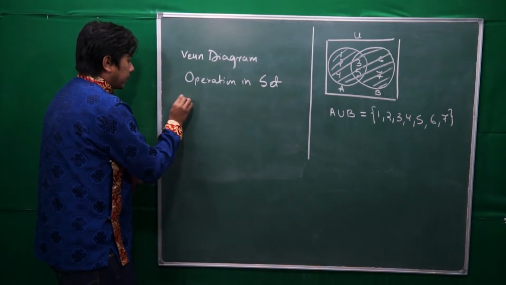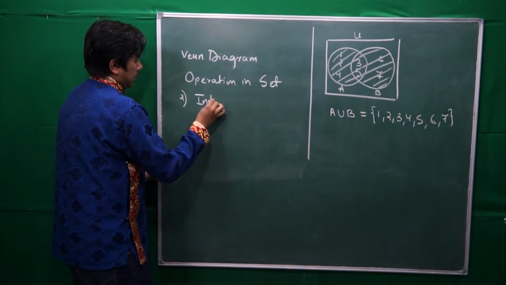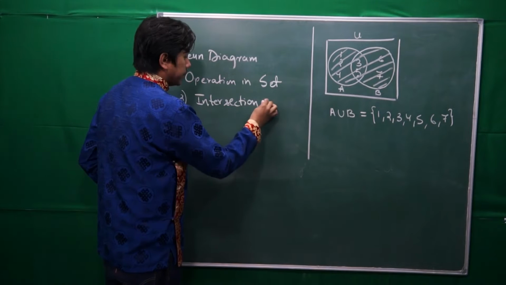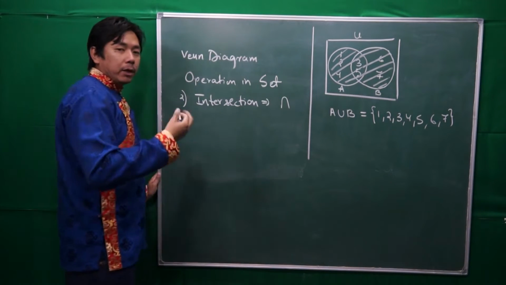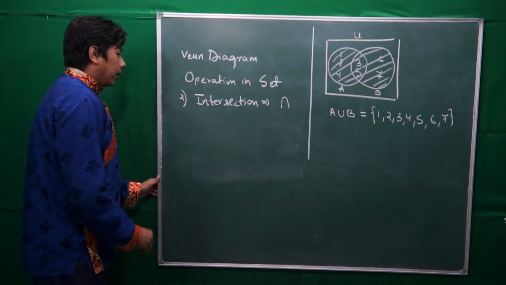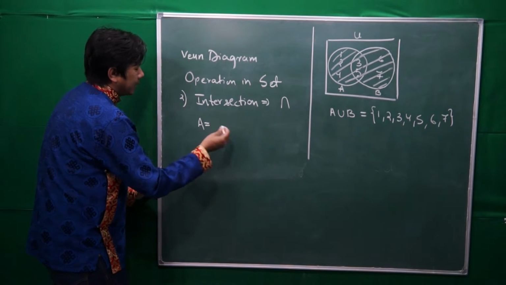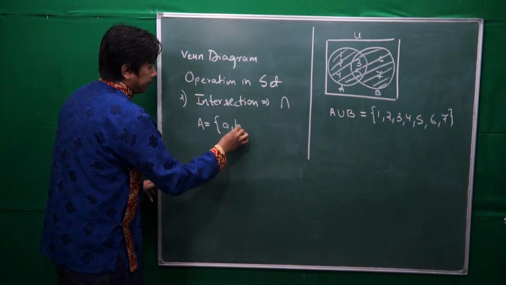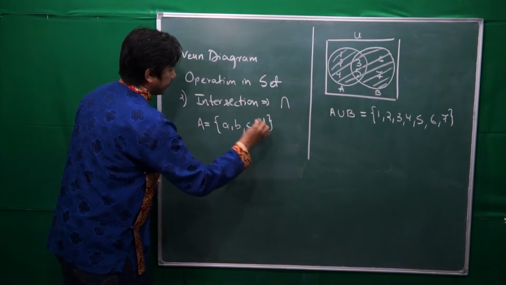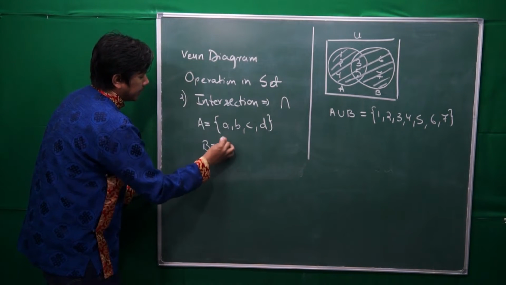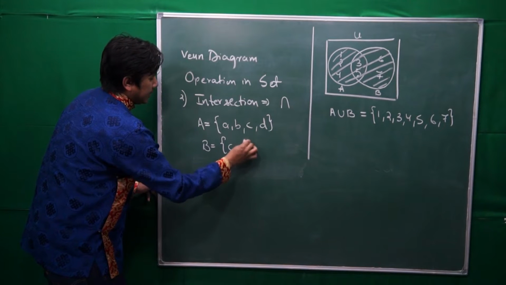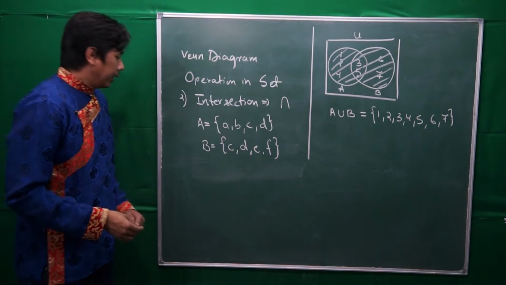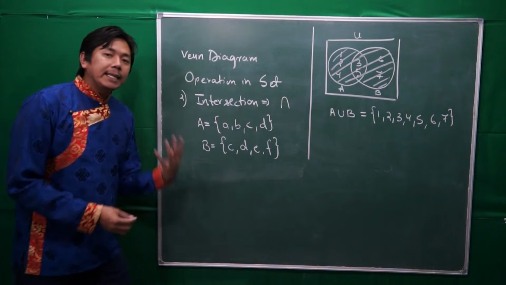The second operation is intersection, and it is represented by an inverted U. Now I've got a set A. Again, let's say set A has elements A, B, C and D. Similarly, set B has elements C, D, E, F. Now what happens in intersection?